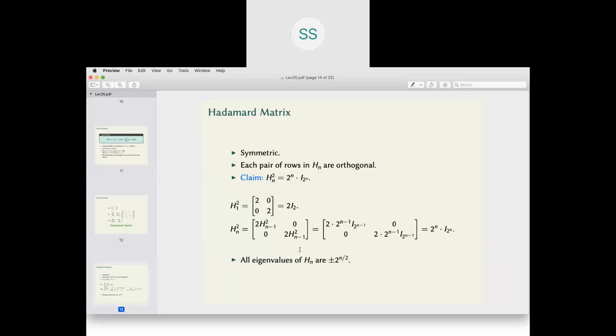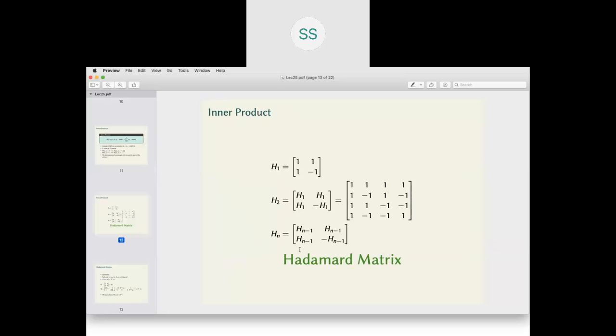The proof is by induction. If you take H1 square, you get this, which you can straightforwardly verify. For Hn squared, it follows by induction.